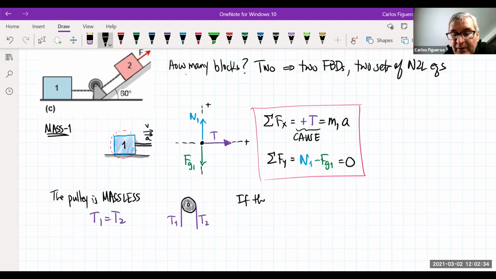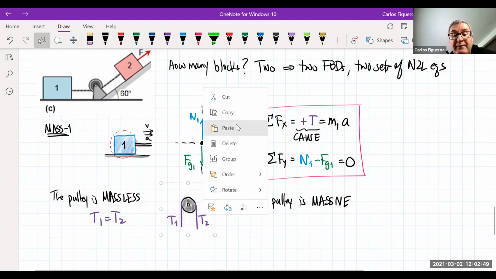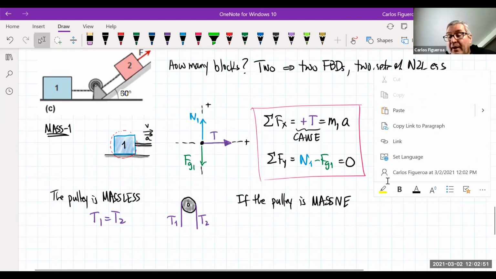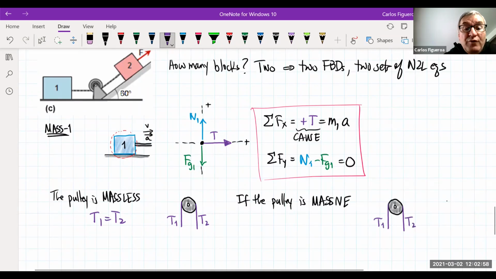If the pulley is massive, that is not the case. So if I look at this scenario again, you find here that tension 1 is not the same as tension 2.